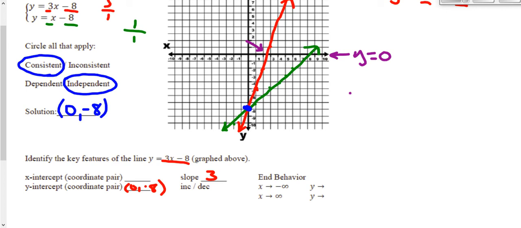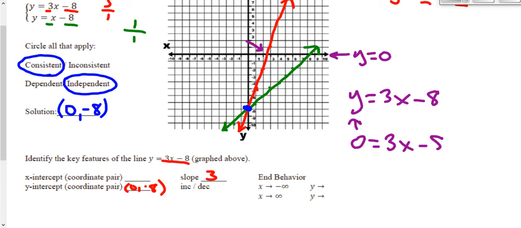So if I take my equation, y equals 3x minus 8, and I take the y value I know it has to have, 0, and plug that in, I'm going to be able to solve for that exact x value. All I have to do is solve for x in this equation. So I can add 8 to both sides and see that 3x is 8, and then I can divide by 3. This does give me a fraction.